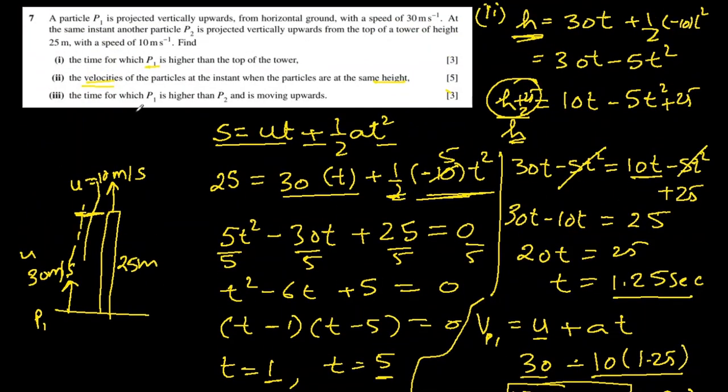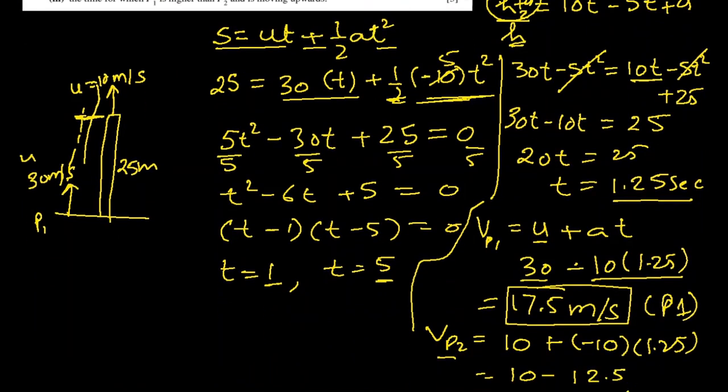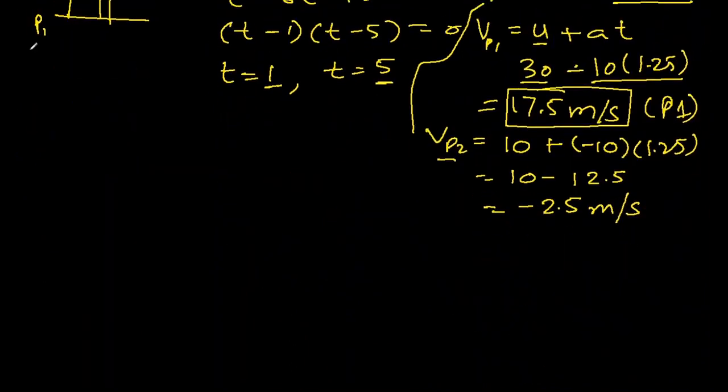What is the third part? The time for which P1 is higher than P2 and is moving upwards. Okay, so that is a little tricky.